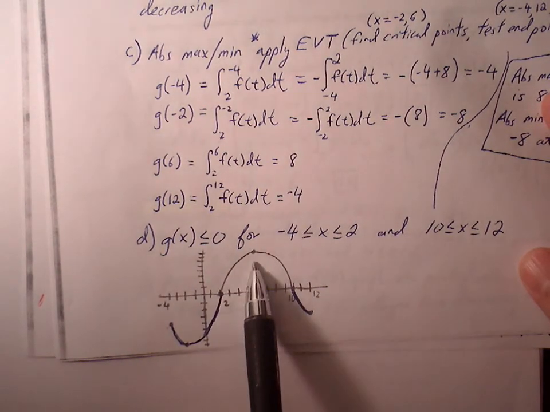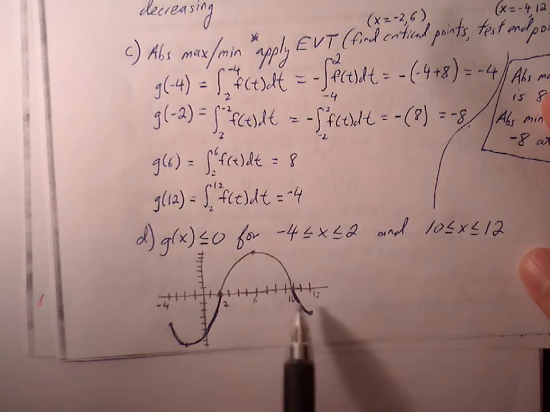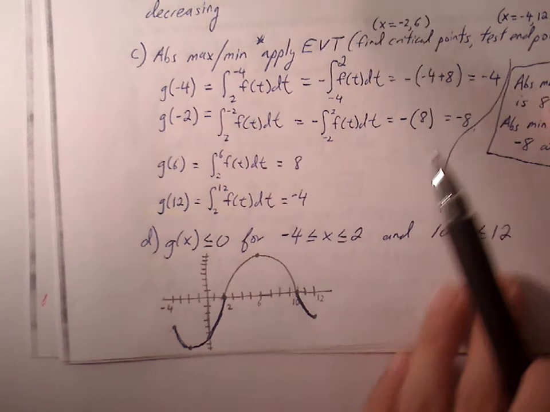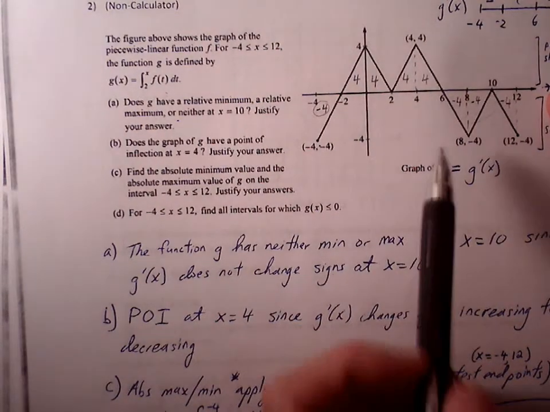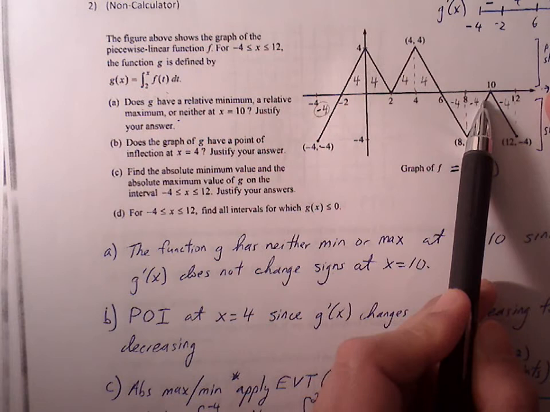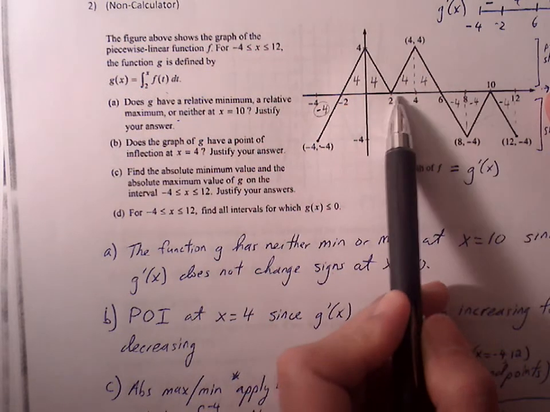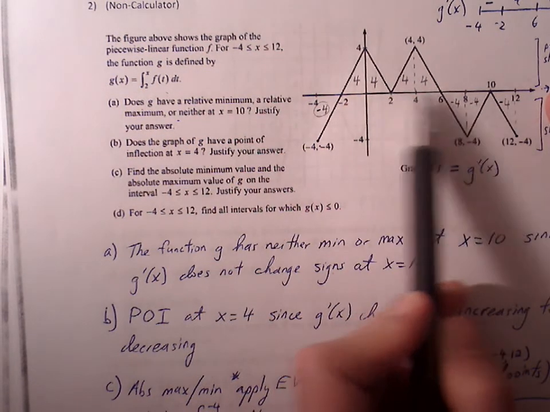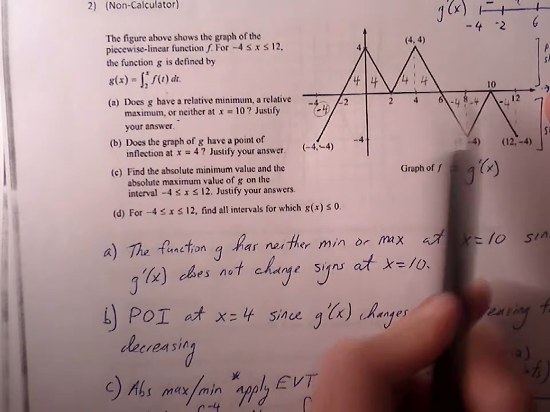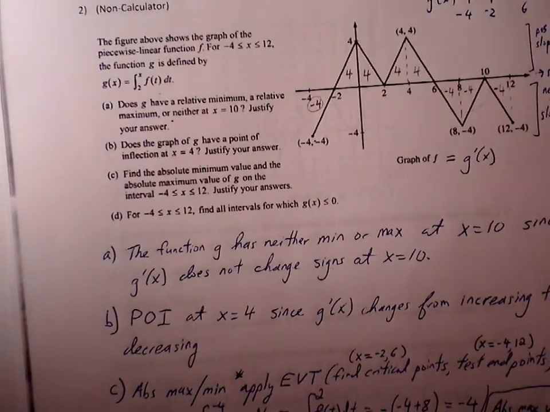We have an ordered pair of 6, 8, and an ordered pair of 12, negative 4. Now at 10, we're also getting 0, because the integral from 2 to 10 is going to be 8 minus 8, which is 0. So we know that at 10 is 0.